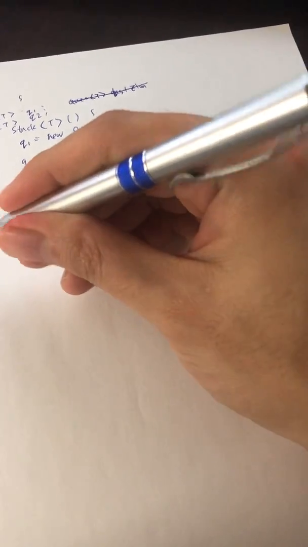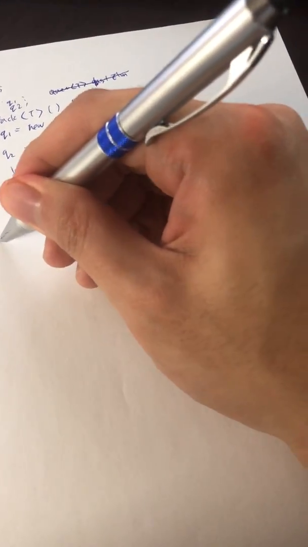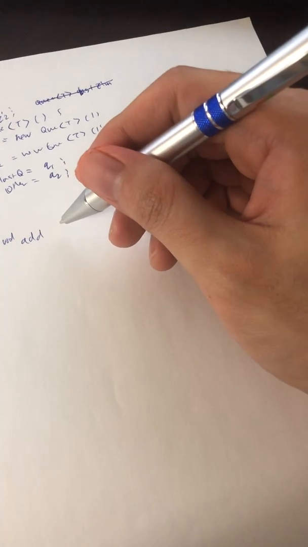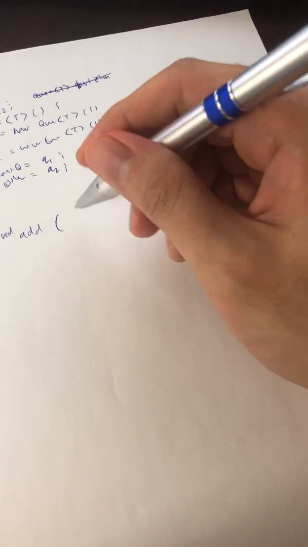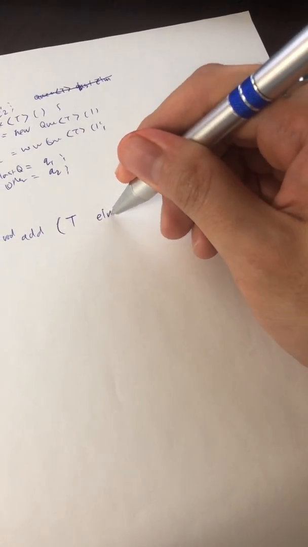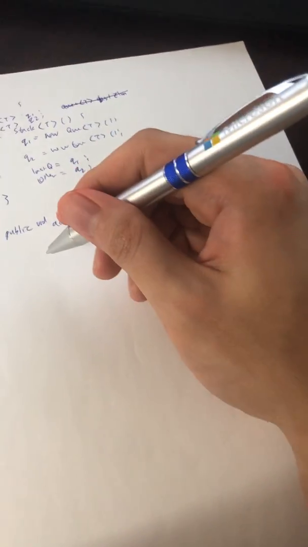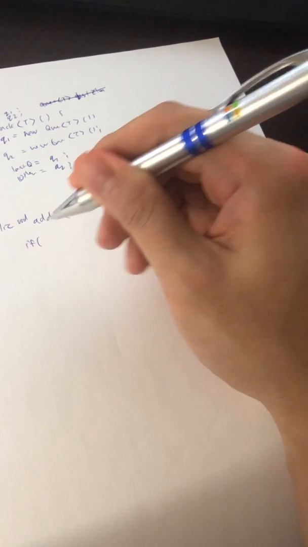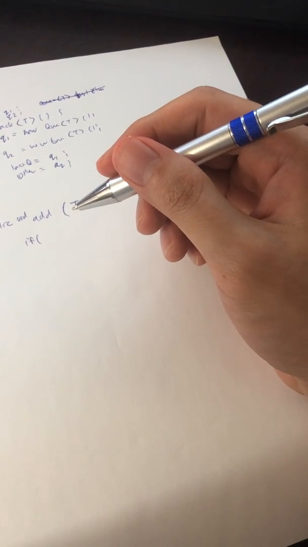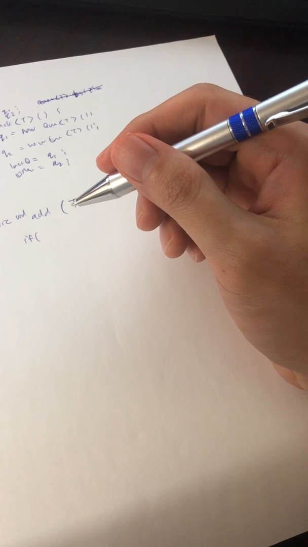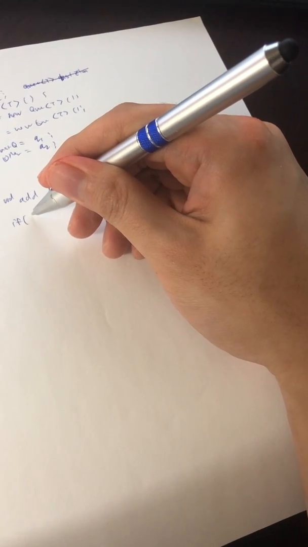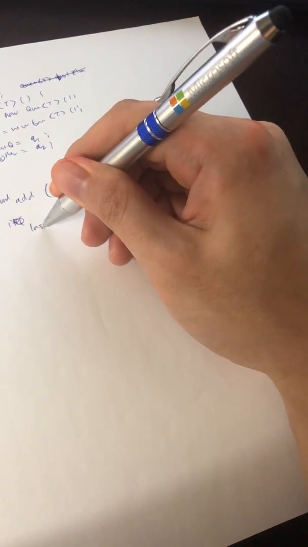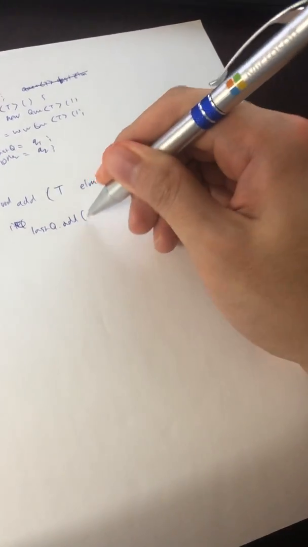So when I do public void add, T elm, I'm going to add last queue dot add elm.